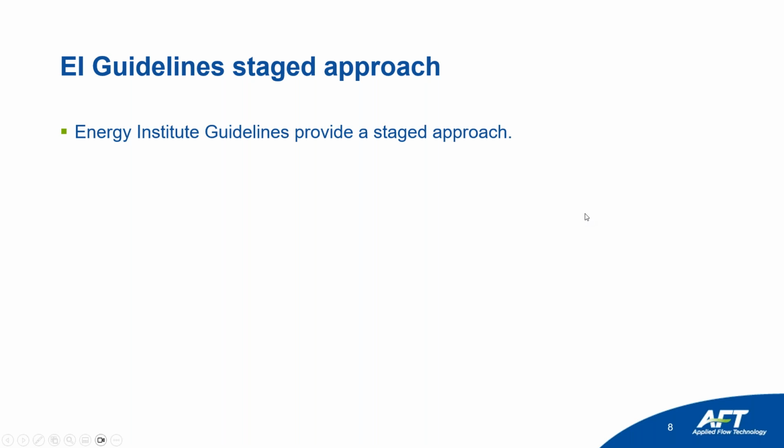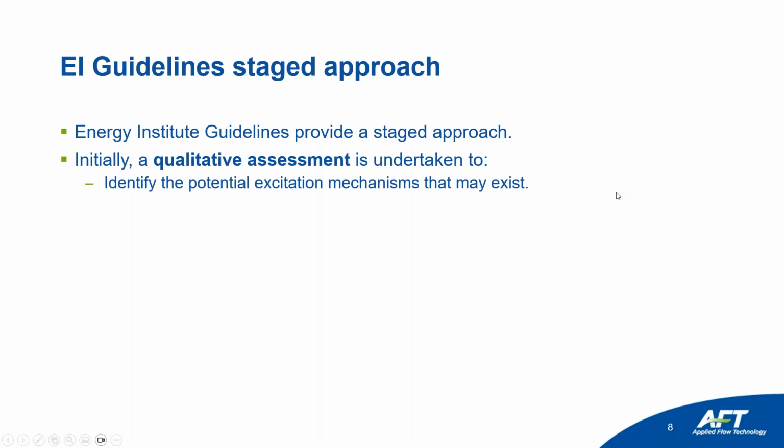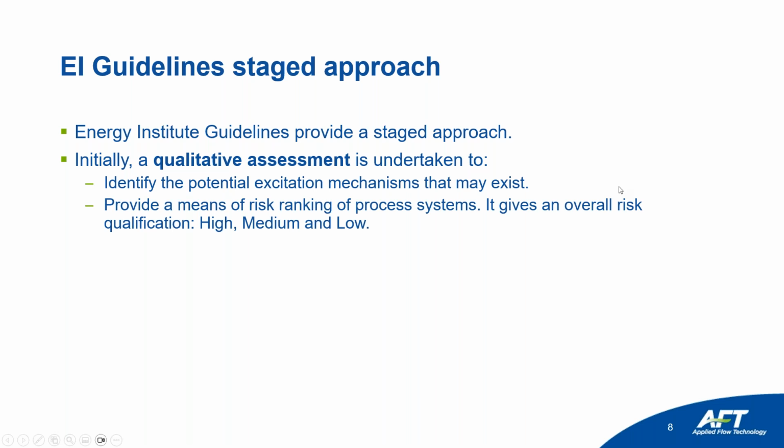Energy Institute guidelines provide a stage approach. The initial stage is a quality assessment, which is undertaken in order to identify the potential excitation mechanism that may exist. You can have more than one. It provides a means of risk ranking of process system.